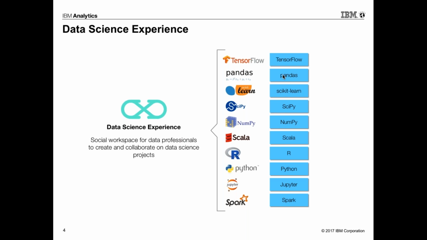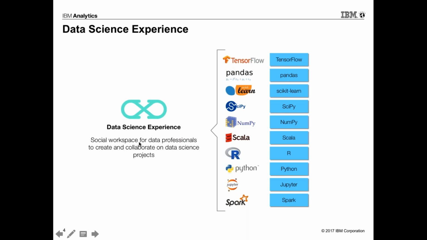Scala is a language. R is also a language, where you are able to perform better visualizations. Python is a programming language. Jupyter notebooks is an interactive platform to build out your programs in small pieces, in small lines of code. And Spark is an execution engine.